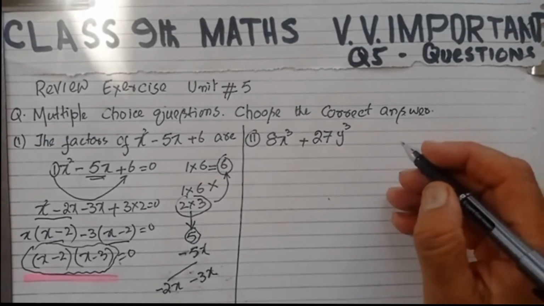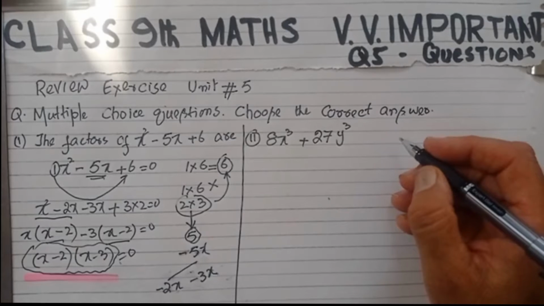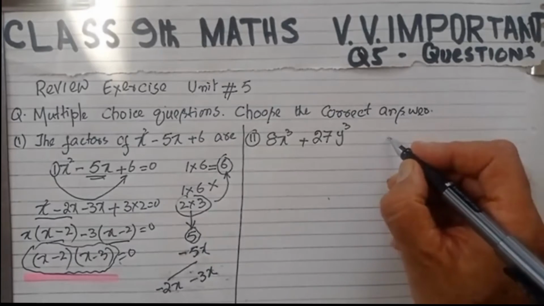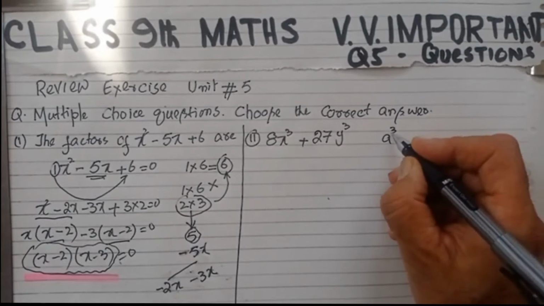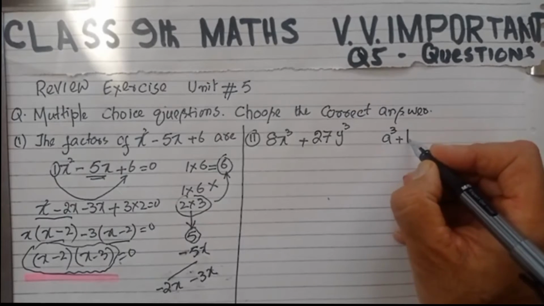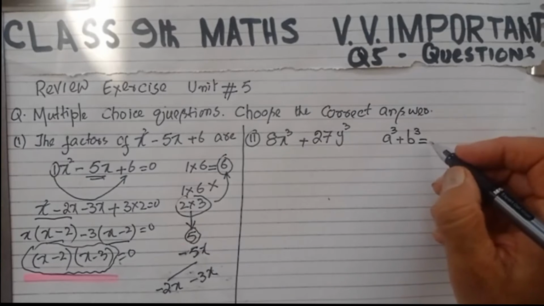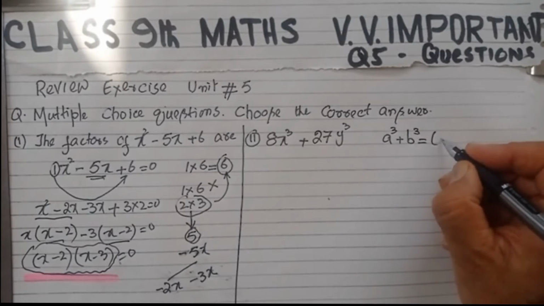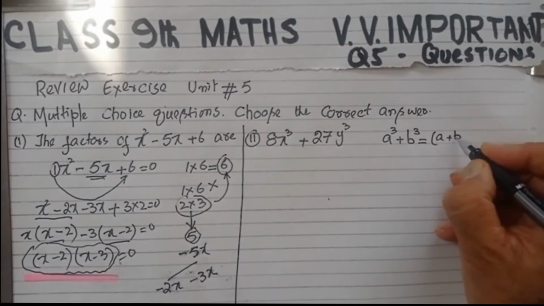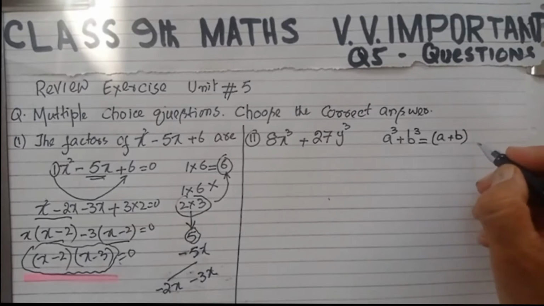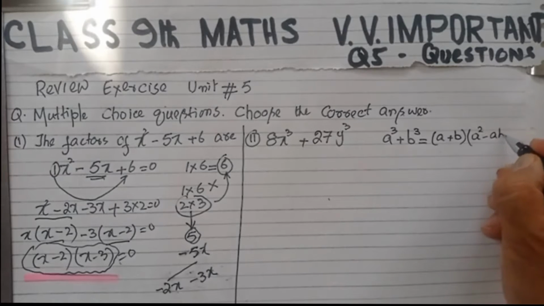First formula: a cube plus b cube is equal to a plus b times a square minus ab plus b square.